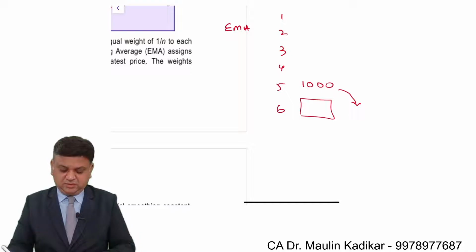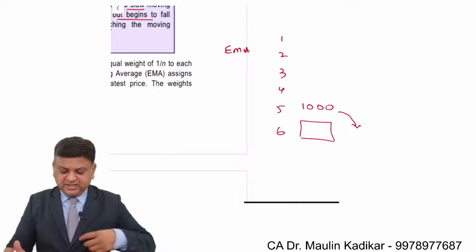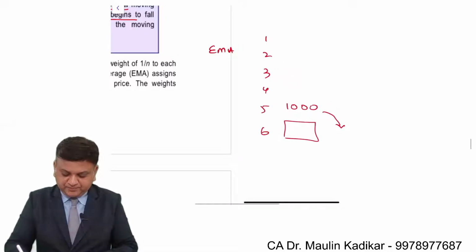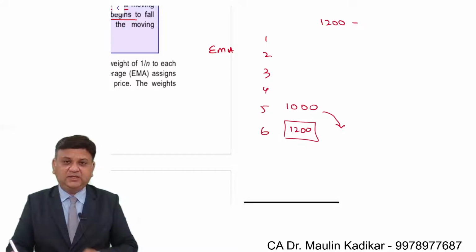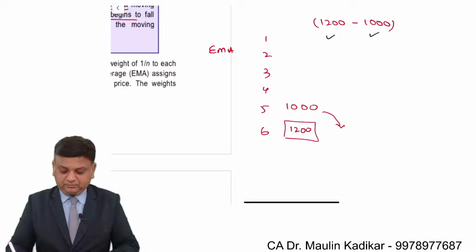Suppose it is 1200. Then the closing price of 1200 minus the previous exponential moving average of 1000 means you are expecting it to be 1000 but actually it is 1200.